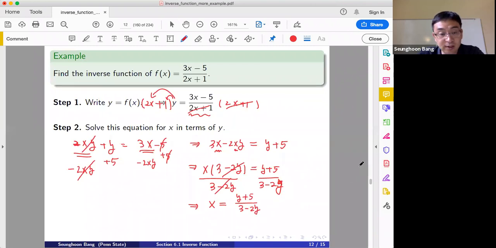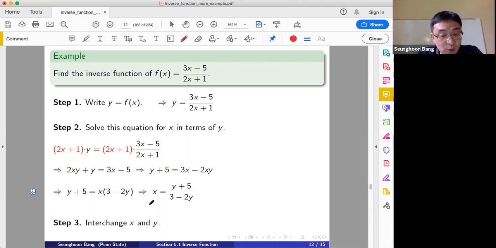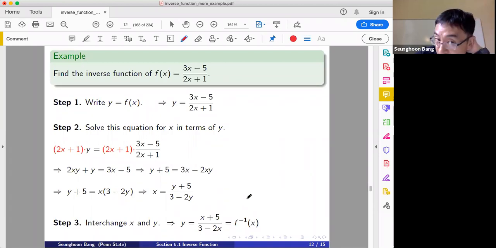This is the whole idea for solving this problem. Step 3, interchange x and y. What does it mean? Replace x by y, y by x. So that's it. This is the inverse function for f of x equals 3x minus 5 over 2x plus 1.